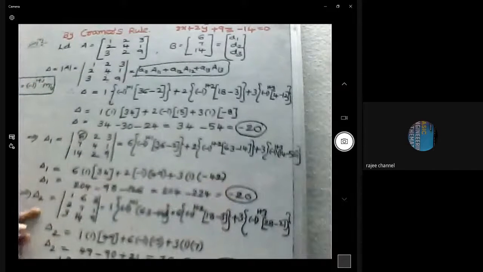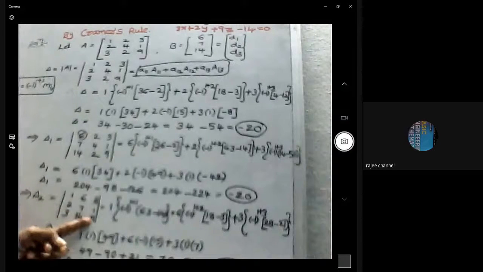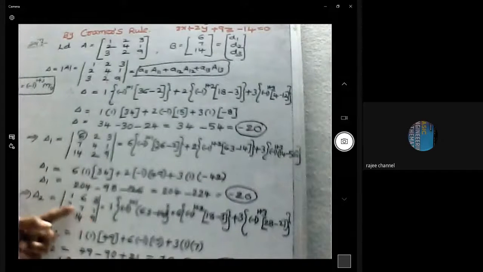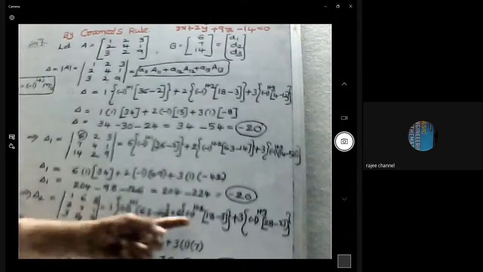Next, delta 2. Delta 2 is obtained by replacing the second column elements by the constants 6, 7, 14, the D1, D2, D3 values. The remaining columns C1 and C3 are taken as is. For that we find the determinant value by using this formula, and after that we get delta 2 equal to minus 20. Next we find delta 3.